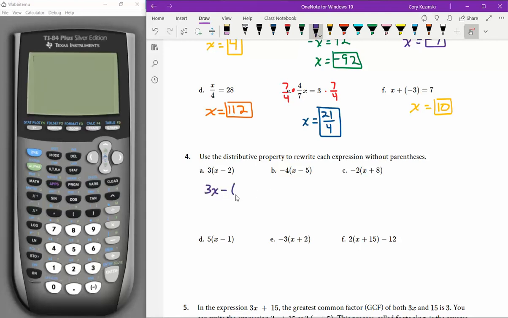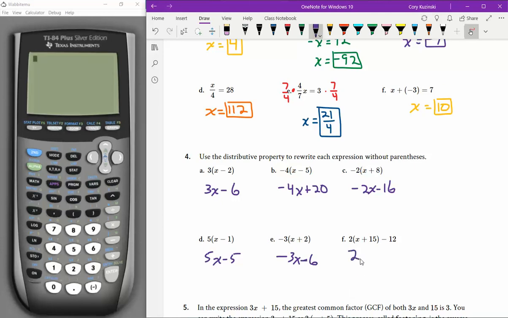This one's 3x minus 6, negative 4x plus 20, because negative 4 times negative 5 is 20, negative 2x minus 16. I look at negative 2 times positive 8 is negative 16. 5x minus 5, negative 3x minus 6, as in negative 3 times positive 2 is negative 6.